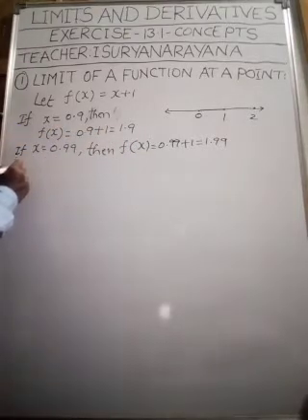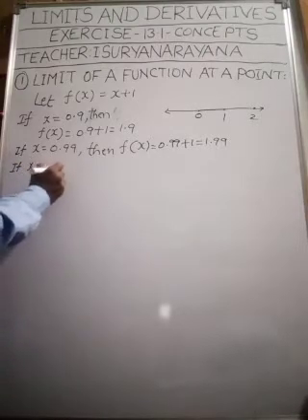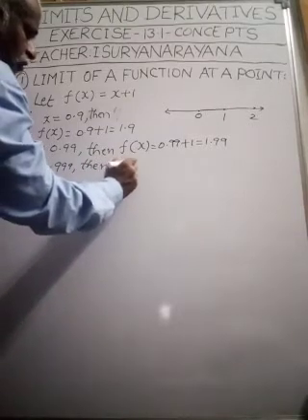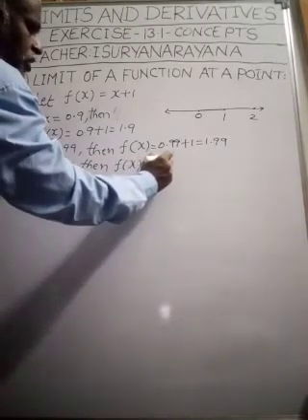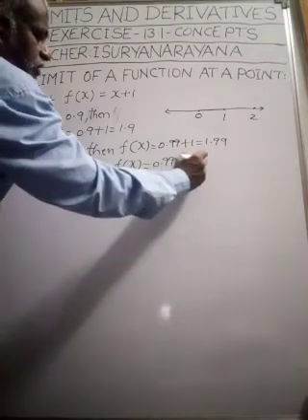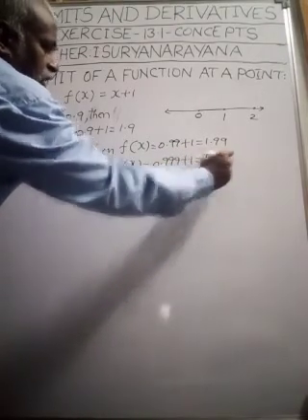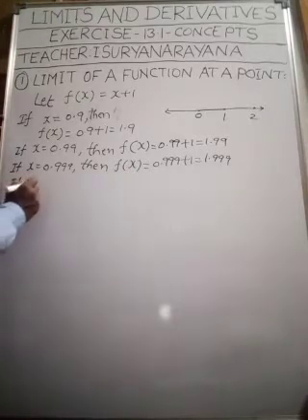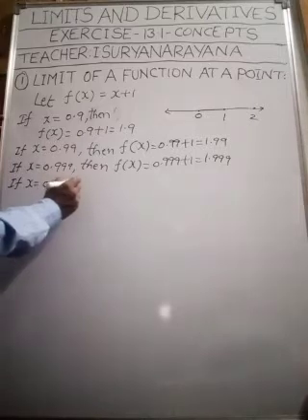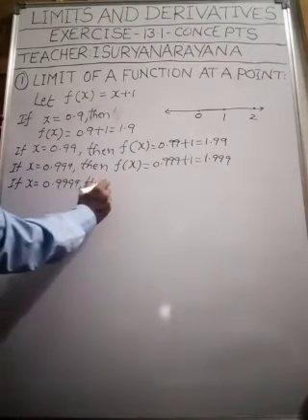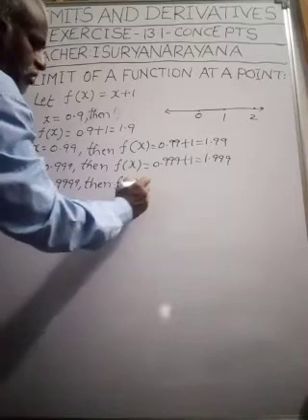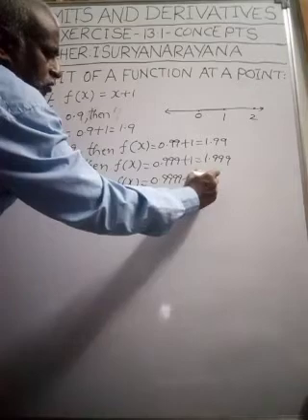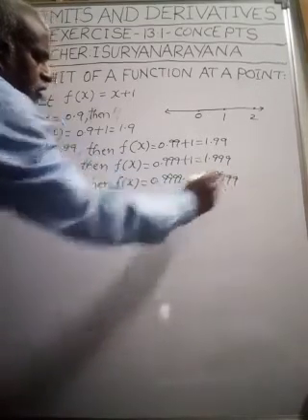If x is equal to 0.999, then f of x value is 0.999 plus 1. What will you get? 1.999. Isn't it, my children? Suppose if x is equal to 0.9999, then the value of f of x is 0.9999 plus 1, that is 1.9999.